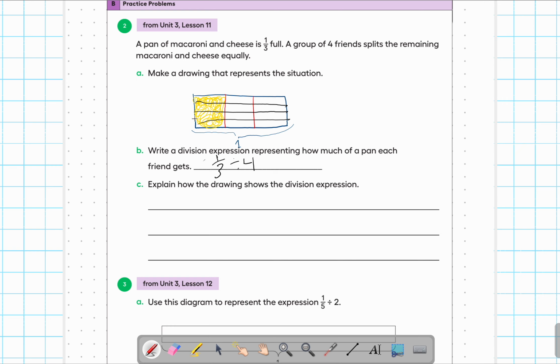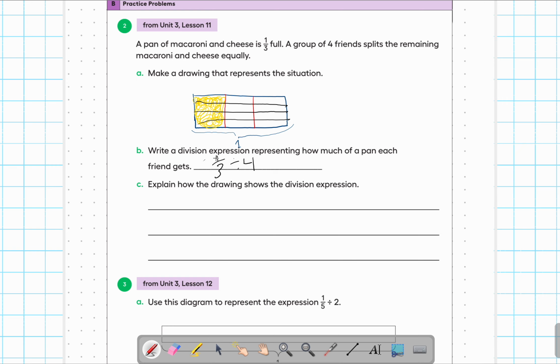This third right here, I took it and I divided it into 4 parts. Okay, so explain how the drawing shows this division expression. Okay, well, because I drew a third and I divided the thirds into 4 parts.